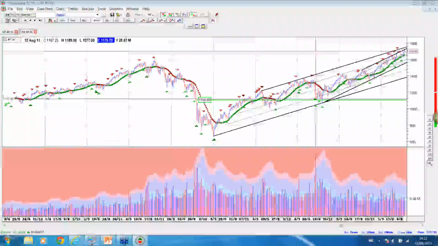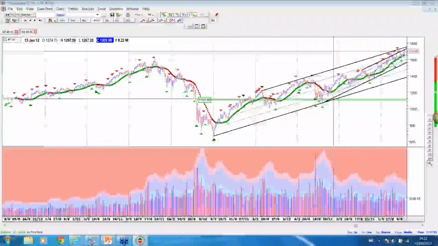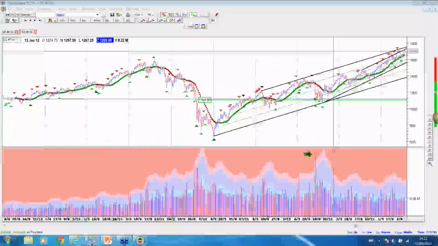And let me just be clear what I'm talking about. That's the top of that volume bar right there. Do we see anything of that magnitude over to the right? There's nothing even close. There's nothing close to this or to this over here.